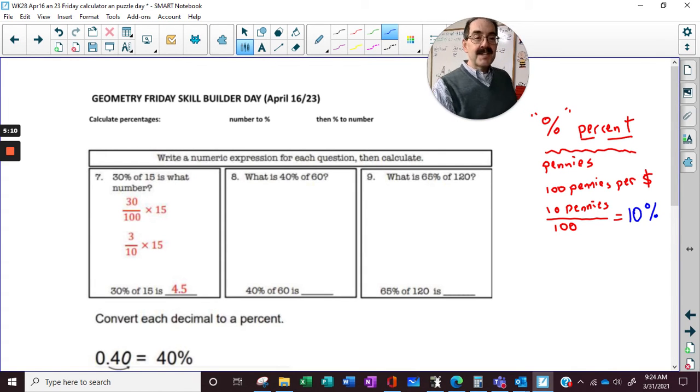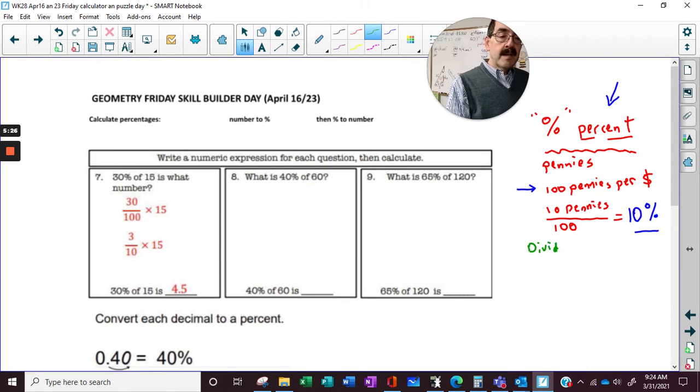The key to success on percent is 100 pennies. We divide by 100 to get percent. Divide by 100 to get percent.